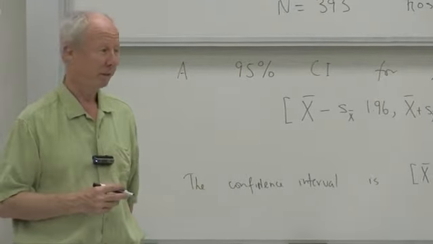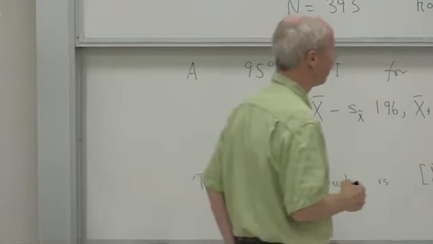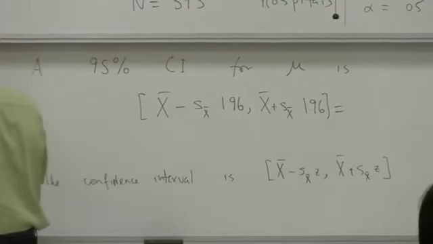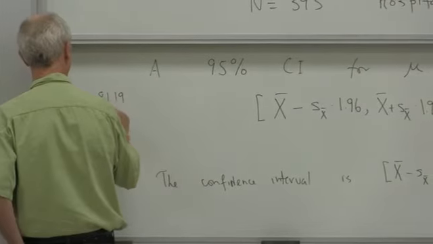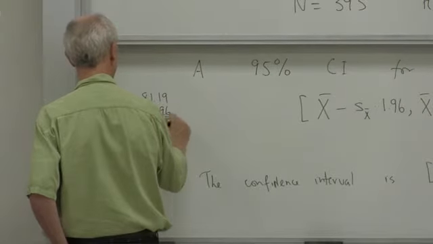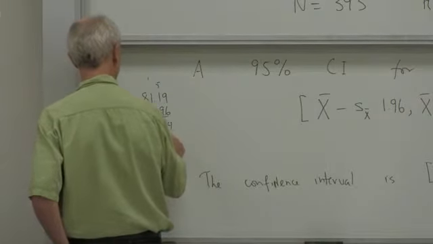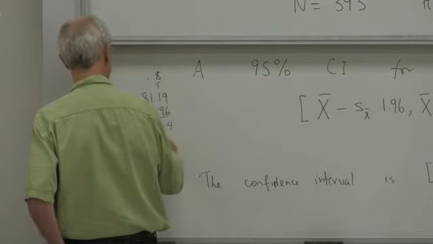Do we have a calculator? 81.19 times 1.96, 4, 5, 7, 48. I think you'll get there before I do.